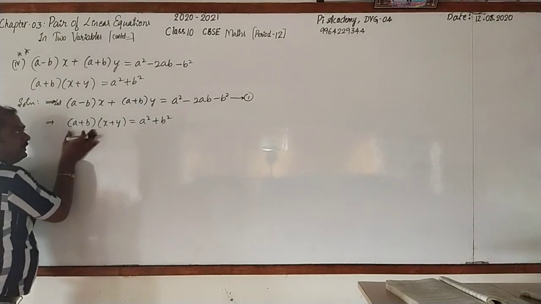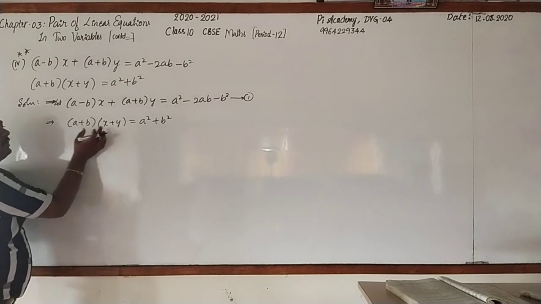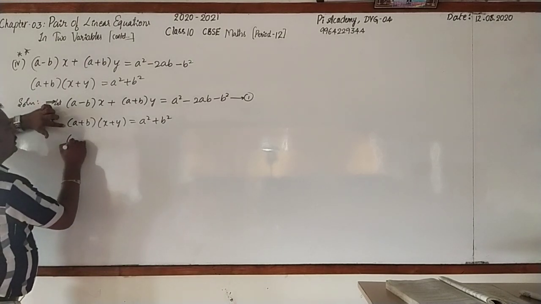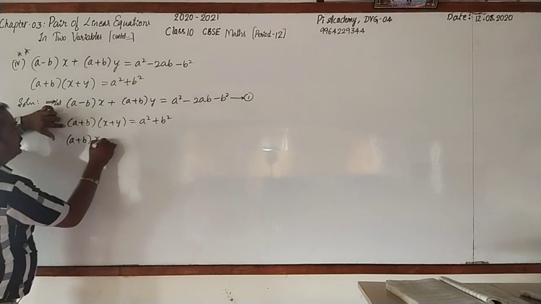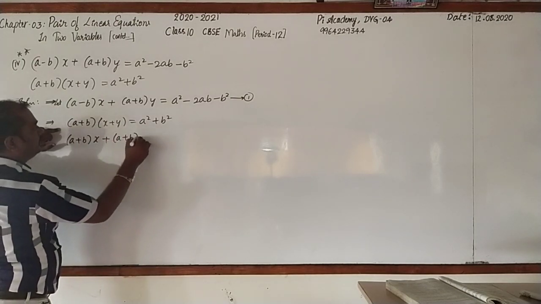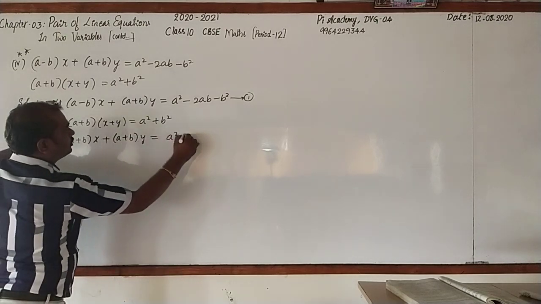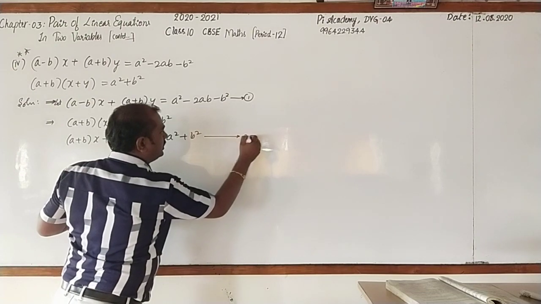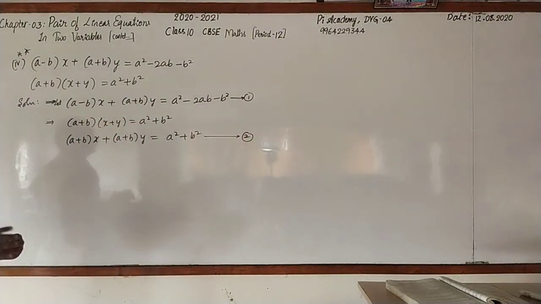Now multiply x with this term, y with a plus b. So we can write it as (a plus b) into x plus (a plus b) into y, which is equal to a square plus b square. You may call this equation 2. Clear?